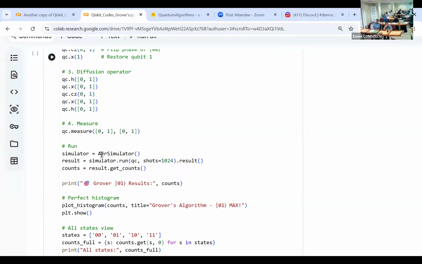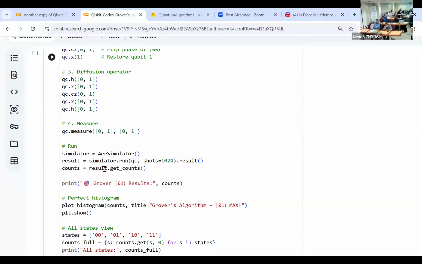So the simulator which we are going to use is the Aer simulator. The simulator is going to run the quantum circuit QC, which we have developed, and the number of shots is 1024. That's by default. You can take fewer shots, but the more shots you take, the better the results would be.